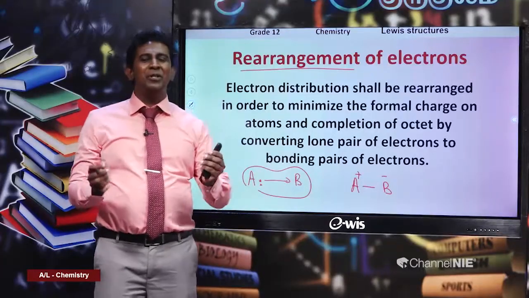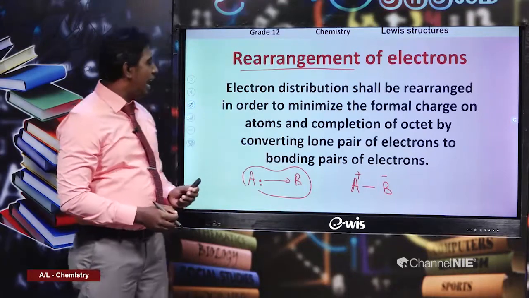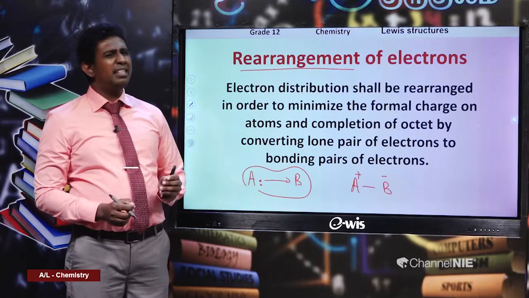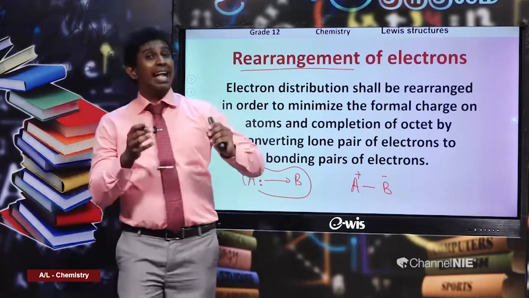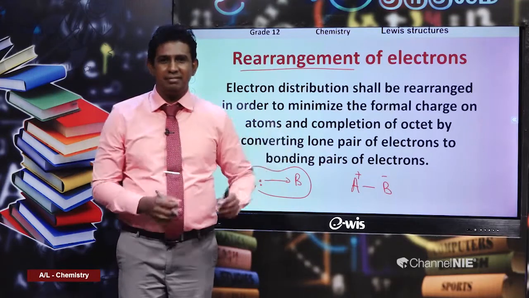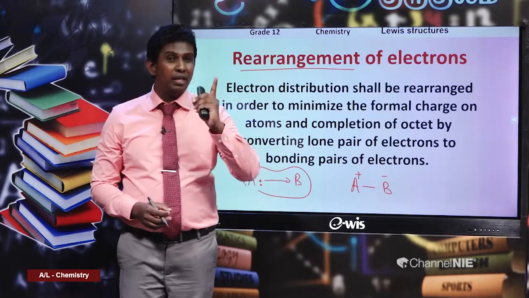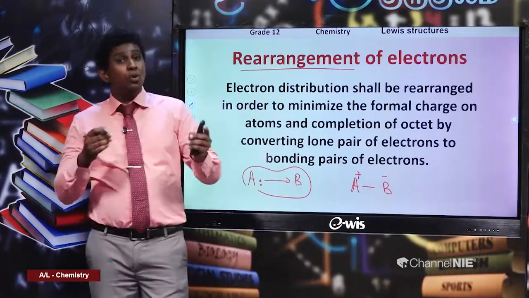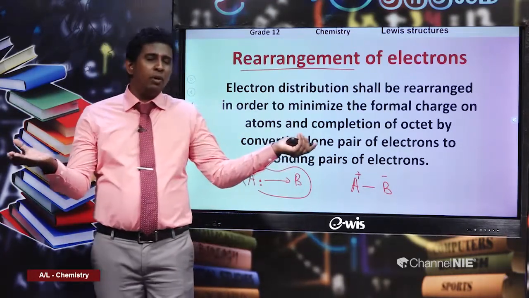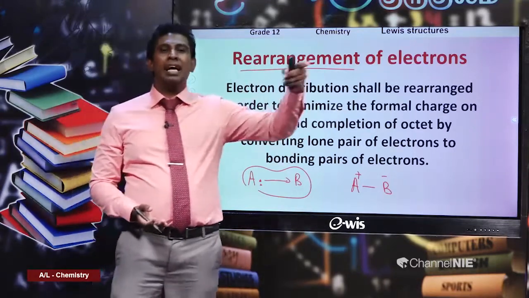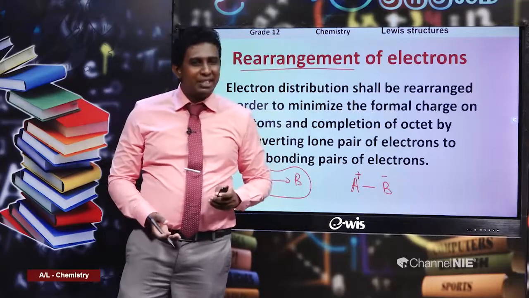Students, if we are going to draw some dative bonds to minimize the formal charge, then these dative bonds are drawn additionally, meaning you already have the bond in the skeleton. It's one bond, so if you draw another bond, it becomes a double bond. Another two bonds, it becomes a triple bond. We can't help it. Anyway, it finally gives us the exact Lewis structure.